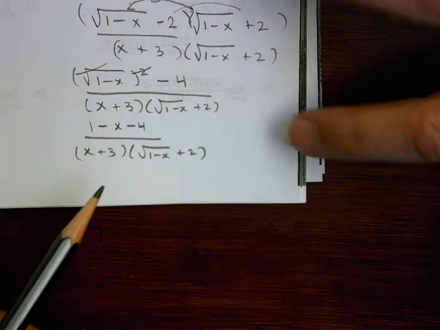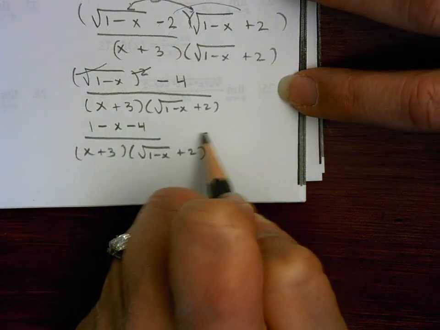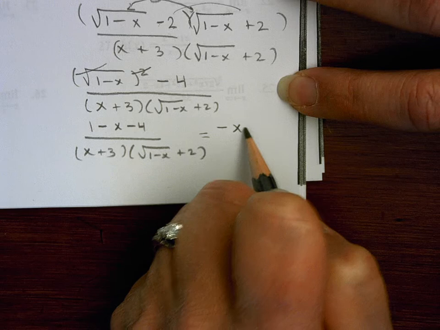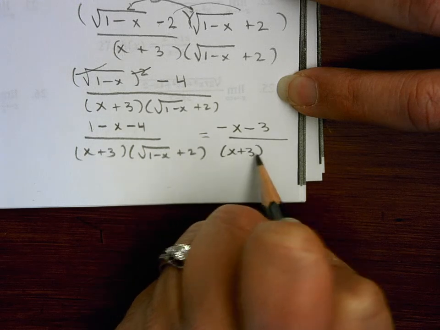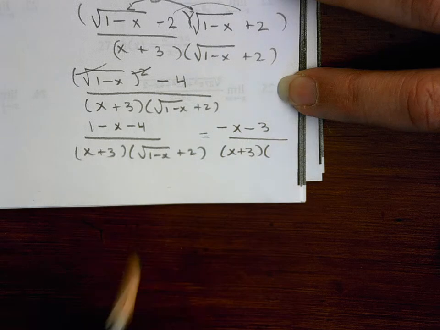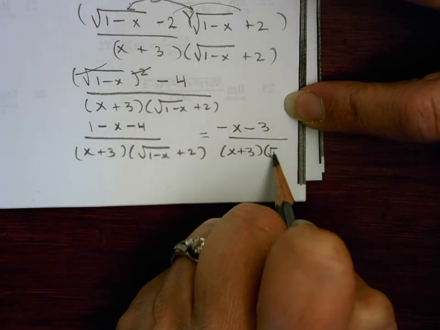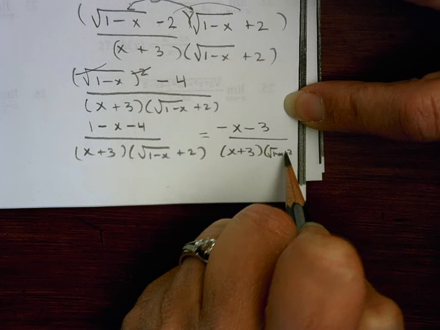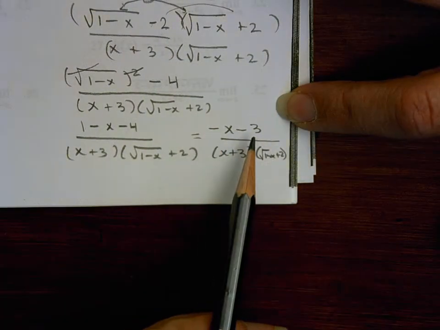And then let's combine like terms. So I have 1 minus 4, which is negative 3. I'm kind of running out of room here, so let me see if I can smush it in there. Okay, so now from here I can factor out that negative.